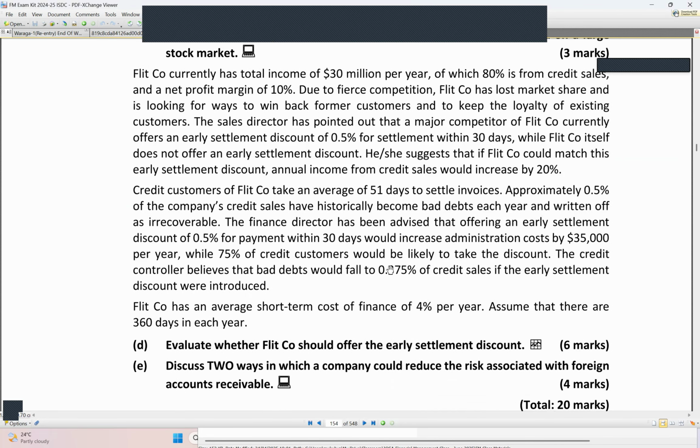Okay, then let's go to the second question, where they want us to evaluate whether we should offer the settlement discount. So now this discount, we are going to deal with it like we saw. So right now, total sales 30 million, 80% credit sales.